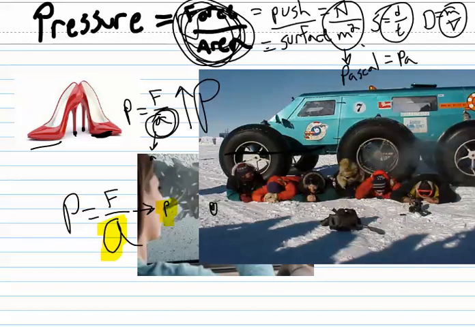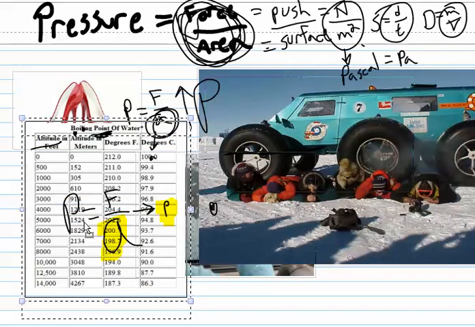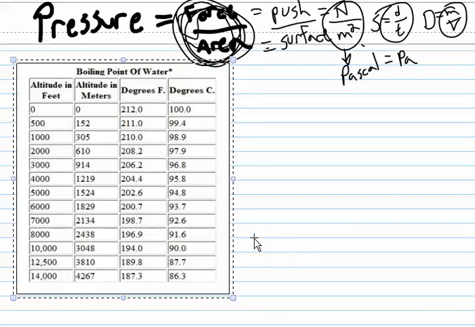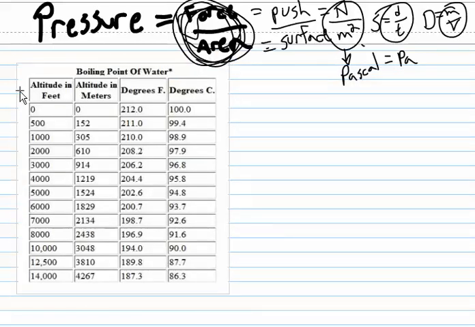How about pressure at altitude? What if you go up high in the sky and you want to know what the pressure is? I don't know if you've noticed this before, but if you buy like cake mixes or pasta things, they'll tell you that if you go up high into the sky, you need to cook that stuff longer.